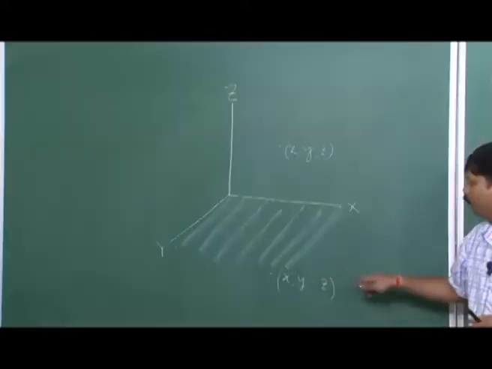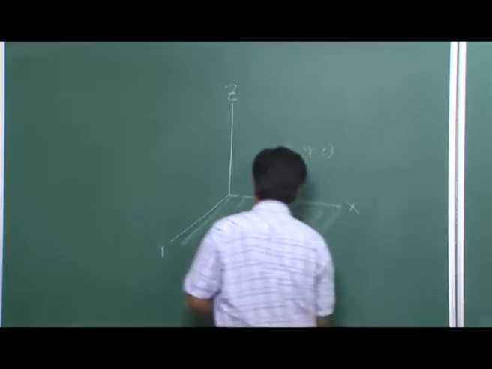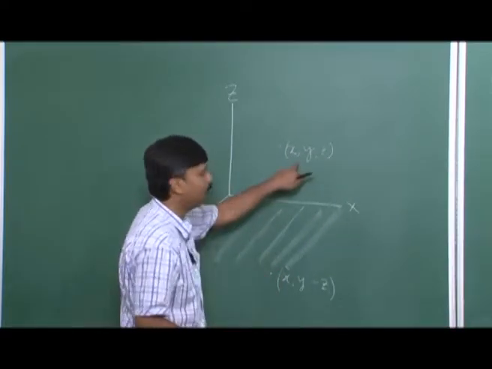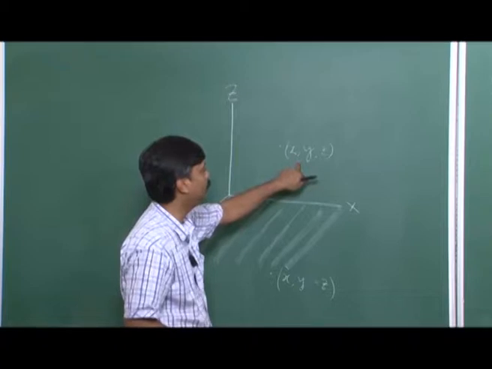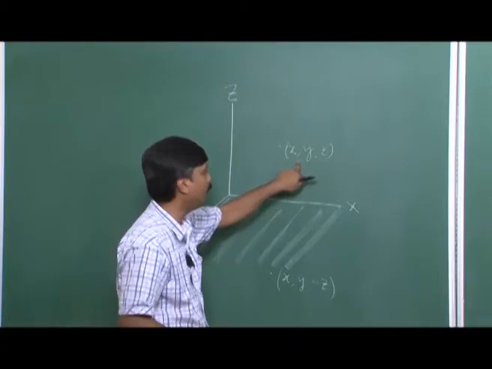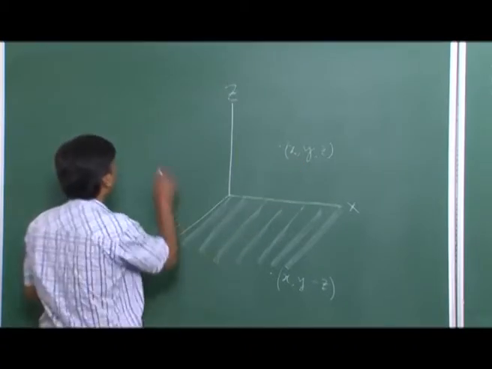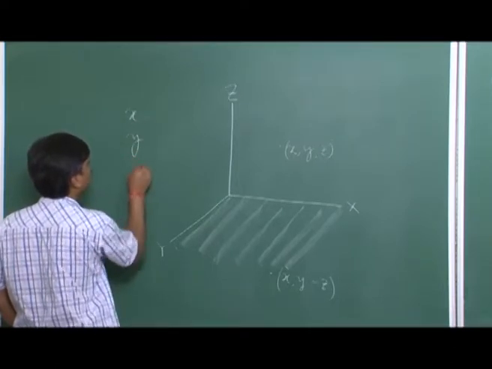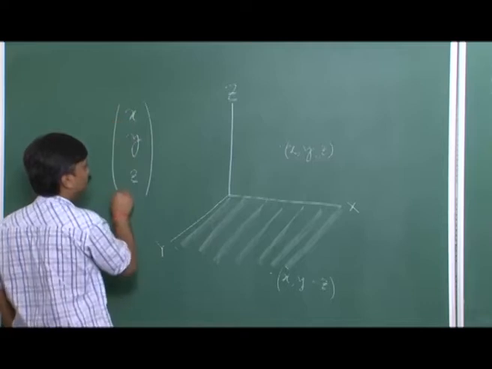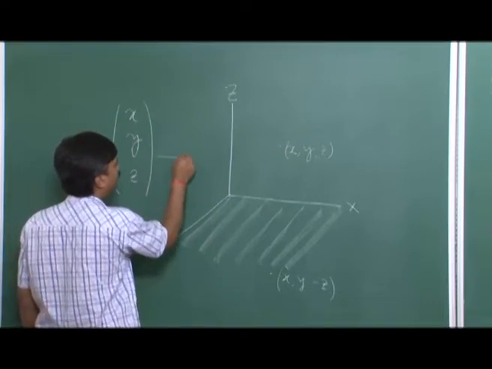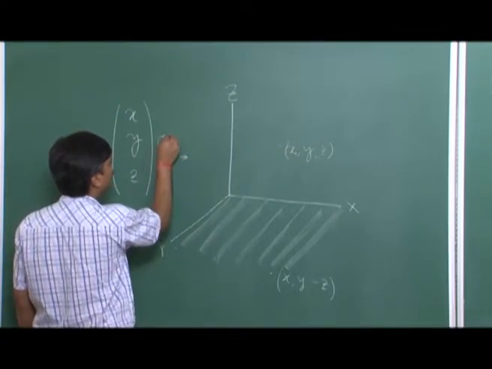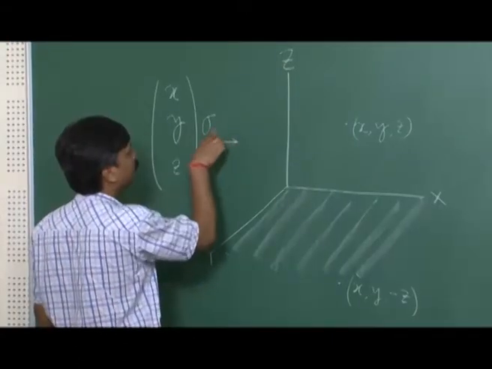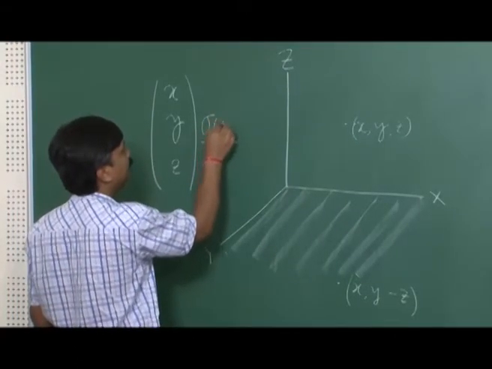So now one more thing I will mention here. If I write this position coordinate as a column vector, I can write x, y, z, correct. So now when I have this sigma xy, okay, so I will probably write it like sigma xy.